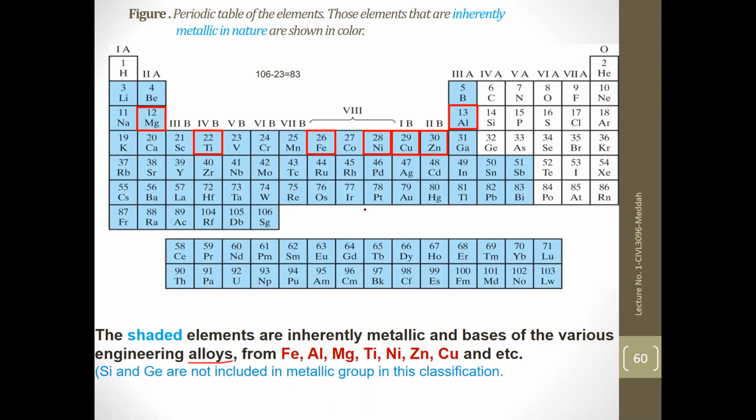So with metals you have many possibilities. Either you use a single metal itself, or you can combine it with another metal. Of course, there is a whole science behind that, called metallurgy: how you combine different metals together to form a new metal, which is called an alloy.